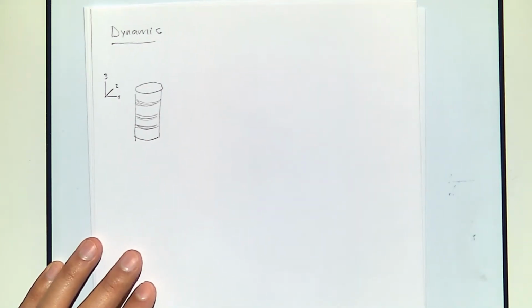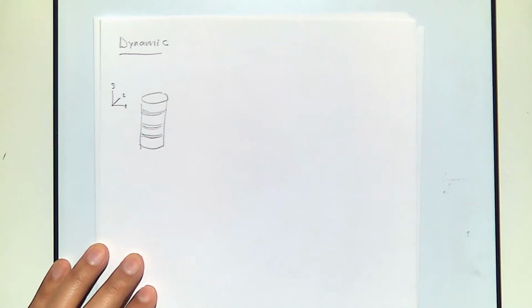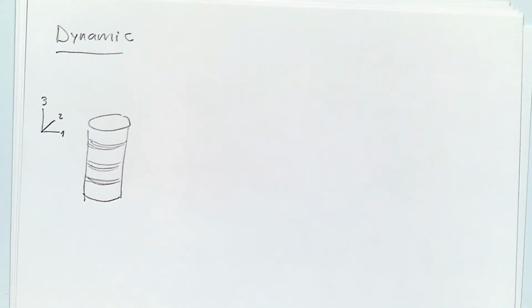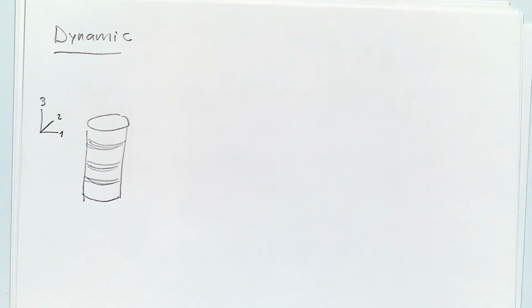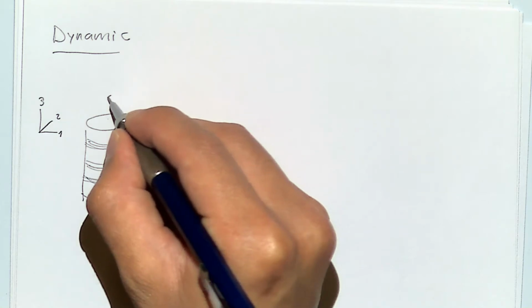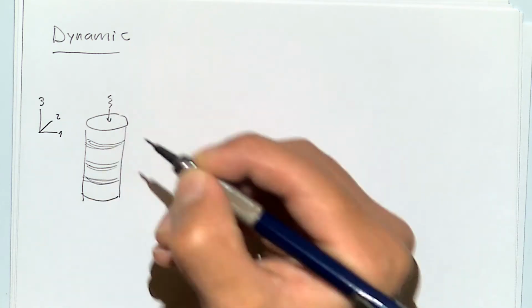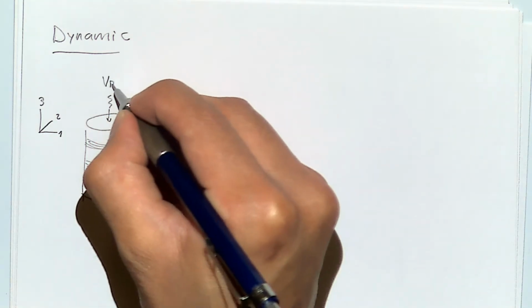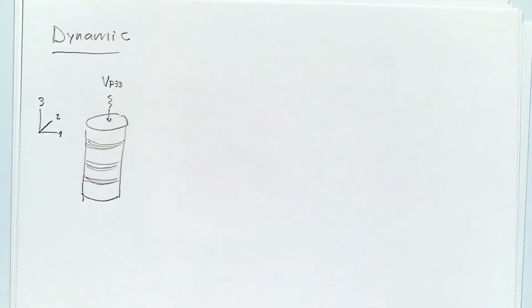And now what I'm going to do is use waves to measure the stiffness in different directions. So the first one I'm going to do is send a P wave that goes in direction 3, 3. So this is going to be VP33.